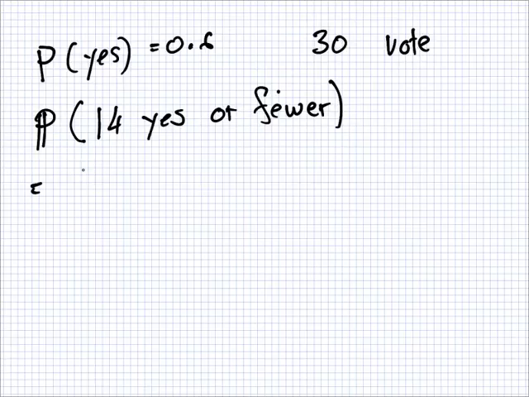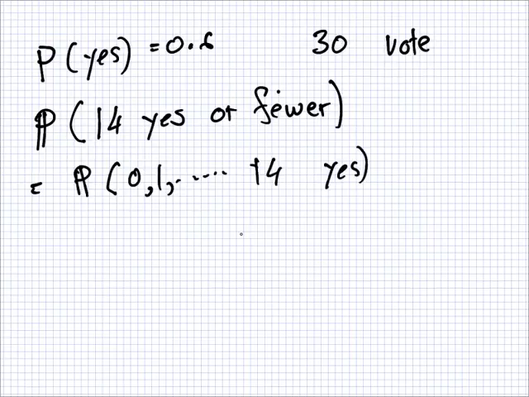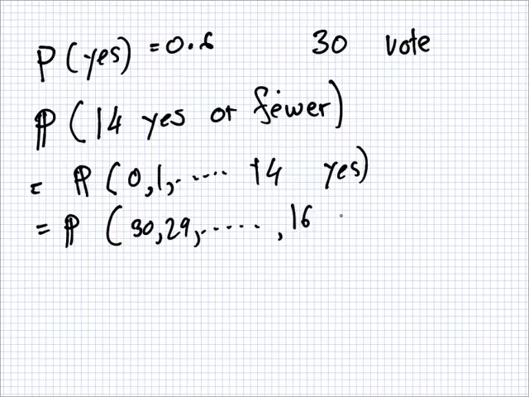So 14 yeses or fewer, that would be, for example, 0, 1, up to 14 yeses. But you can change that into no's. Like 0 yeses would be 30 no's, 29 no's, etc., all the way down to 16 no's.